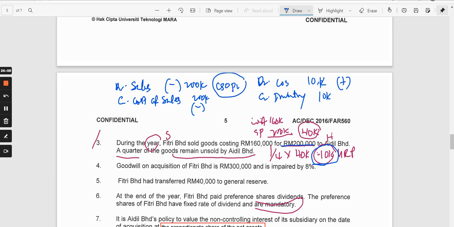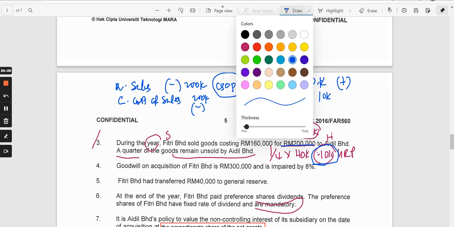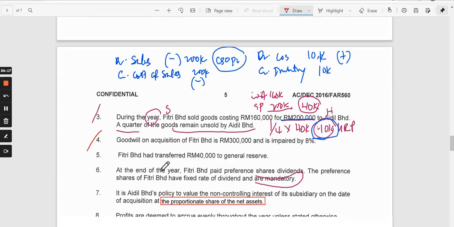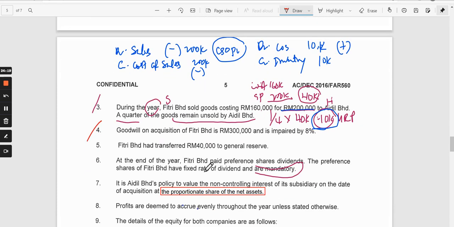The next one, we move on to our goodwill. Here goodwill was being impaired, and you need to check whether the impairment is in the current year or a prior period. Here it is in the current year, since nothing is informed. So that will be debited to the impairment loss, which will be in your consolidated statement of profit or loss, and credited to the goodwill with the 8%.